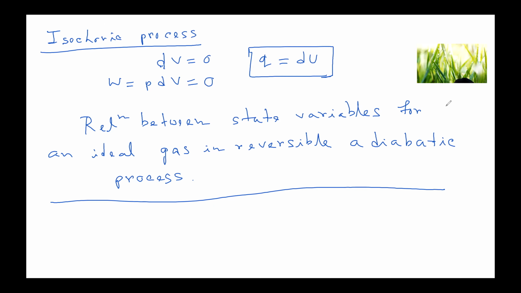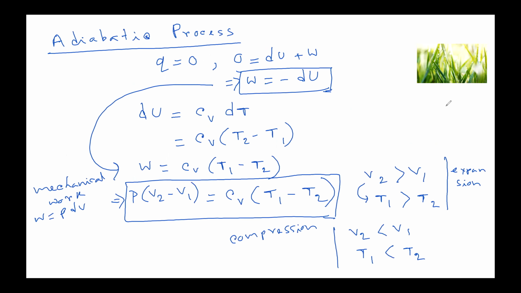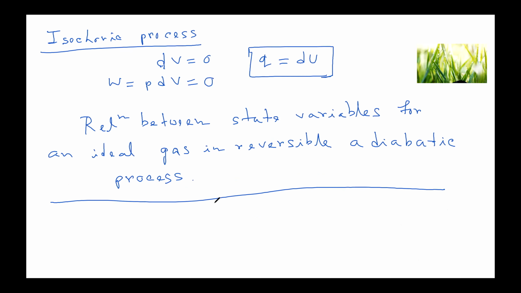What do we know for a reversible adiabatic process? I can even start from the beginning. Q equals 0 for a reversible adiabatic process, as there is no heat exchange between the system and the surroundings.